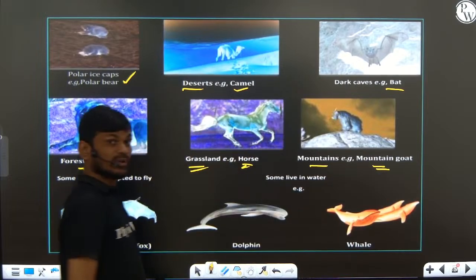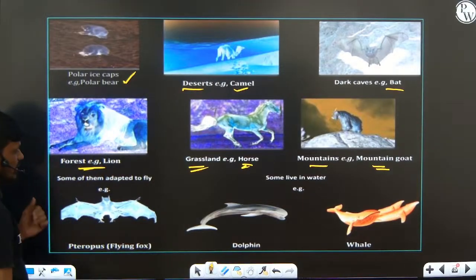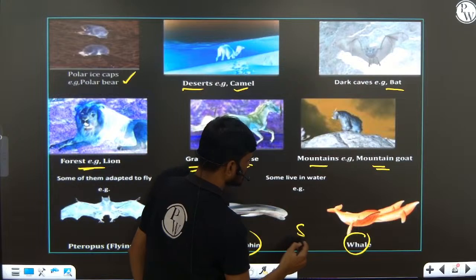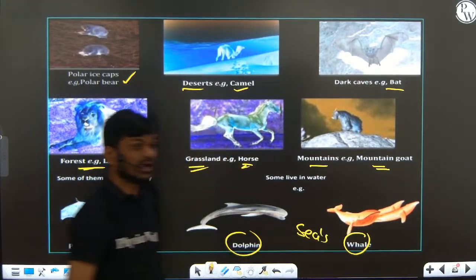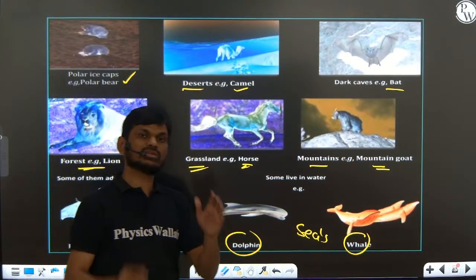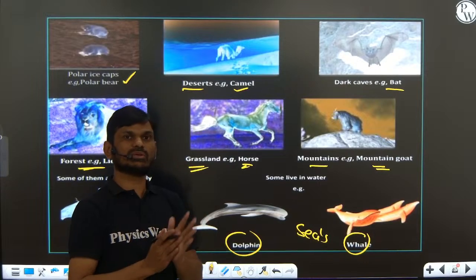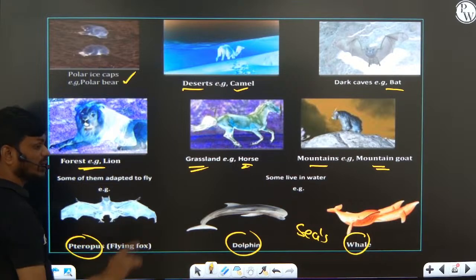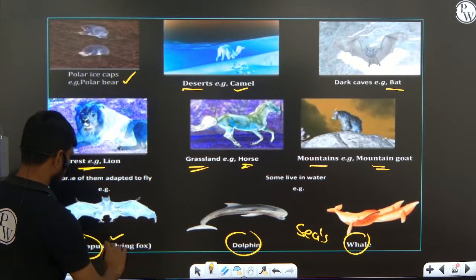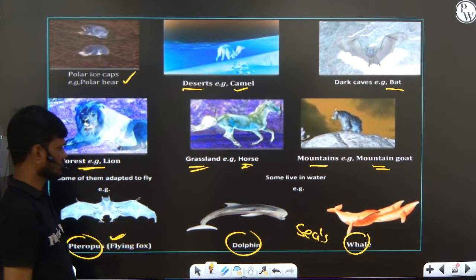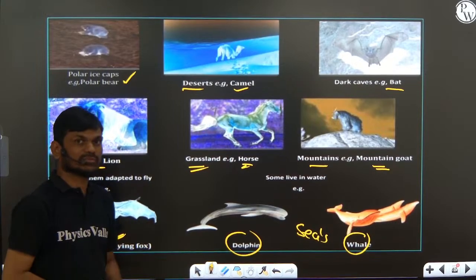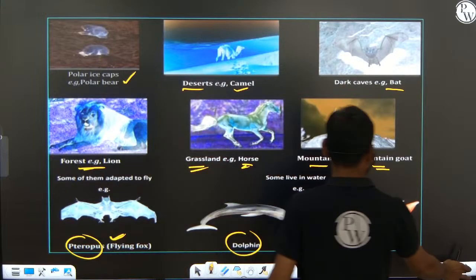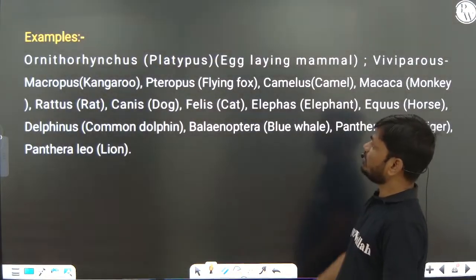Some mammals are also present in water, example dolphin, whales and seals. Dolphins, whales and seals are the mammals that live exclusively in water. The only mammal which can fly is the bat. Pteropus, flying fox. These are examples.